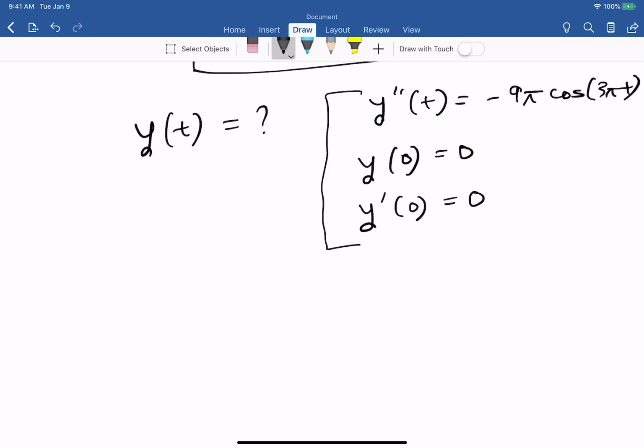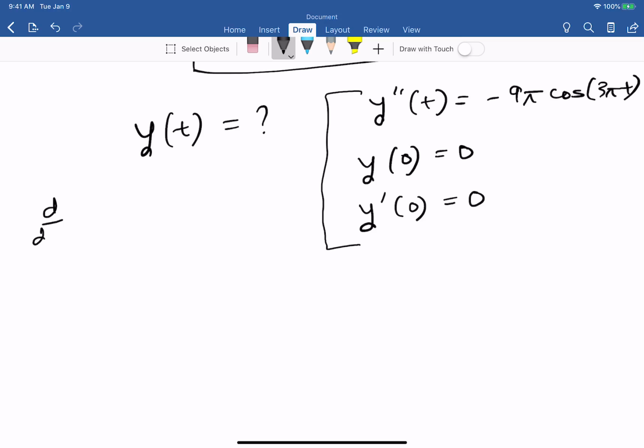All right, so in order to get back the original function, what we can do is integrate the second derivative twice, and that should get us back to the original function. So that's what we're going to try to do. We are going to use this rule for integrals. Let me just write down a couple of rules for derivatives and integrals in case you've forgotten.